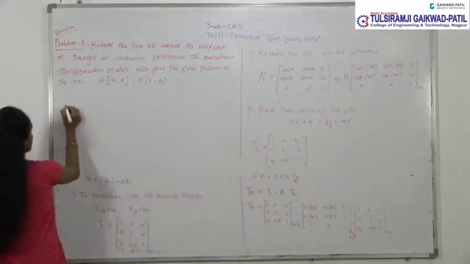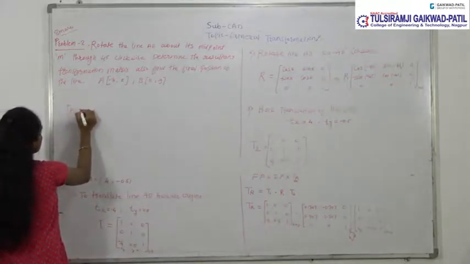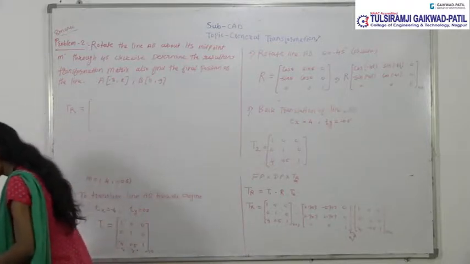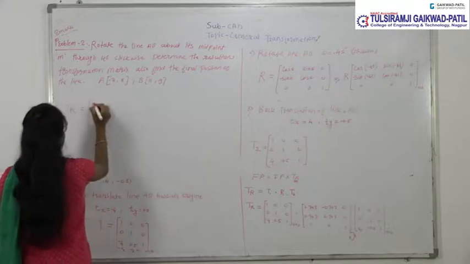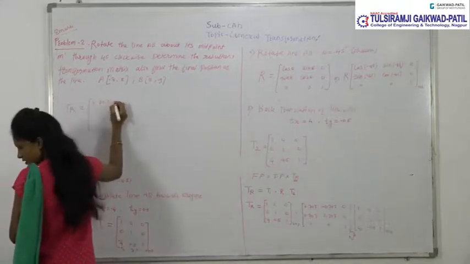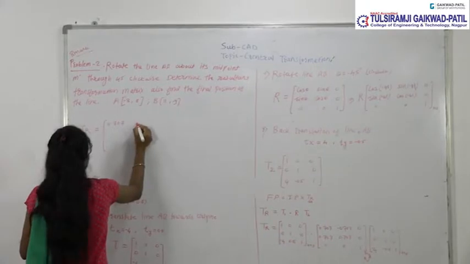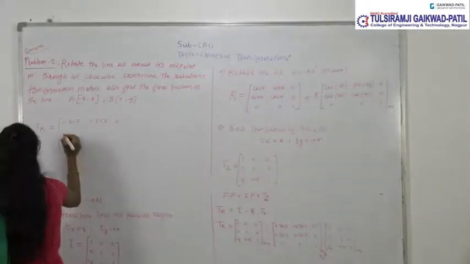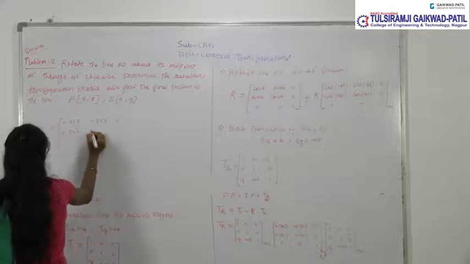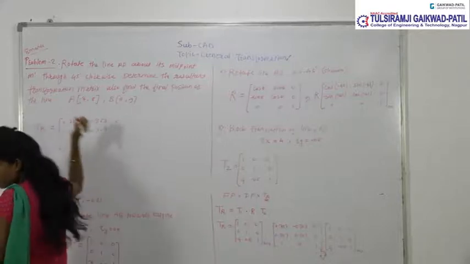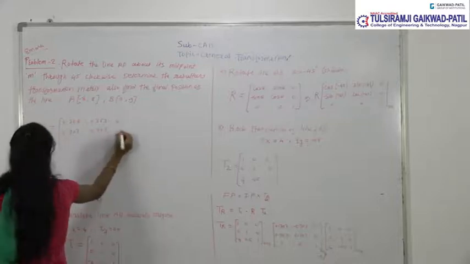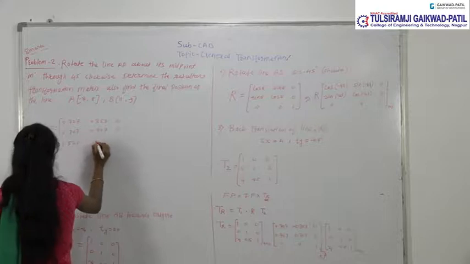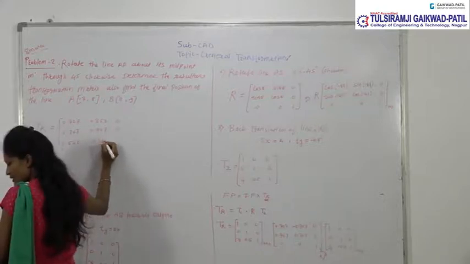So after calculating we will get the answer, that the total resultant matrix is 0.707, 0.353, 0, 0.707, 0.707, 0, 1.525, minus 1.56 and 1.